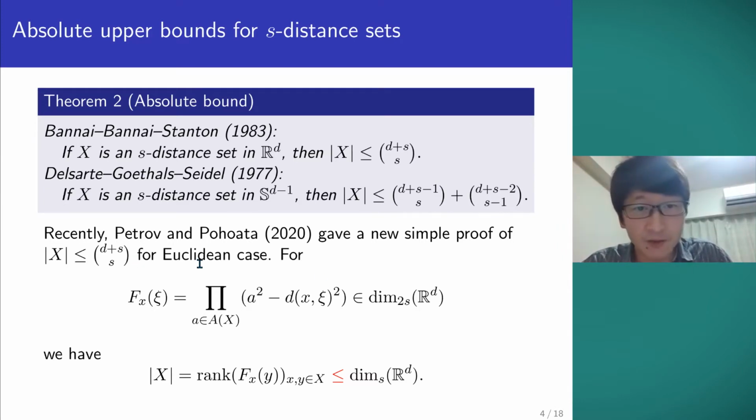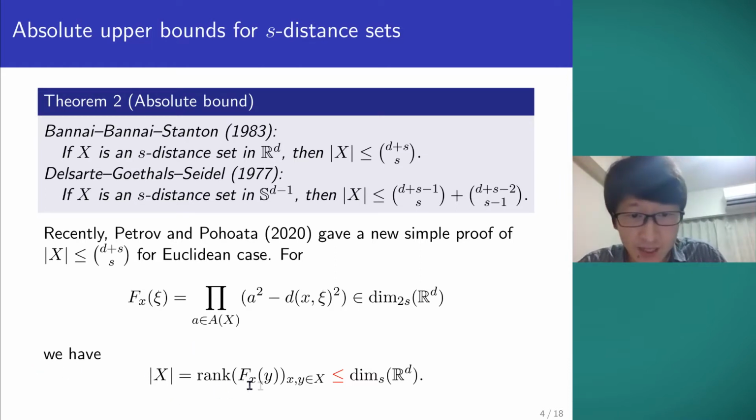Recently, Petrov and Pohoata gave a new simple proof of the absolute bound for the Euclidean case. Very roughly, we consider a polynomial function with d variables. Actually, this is a polynomial function of degree 2s. Then this means the linear space of polynomials of degree at most 2s with d variables.